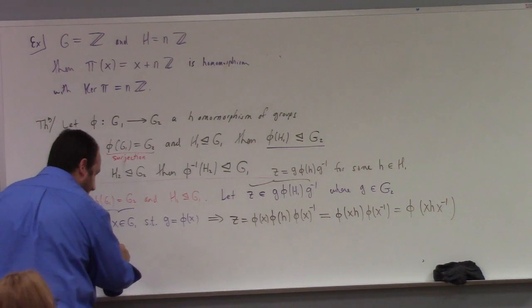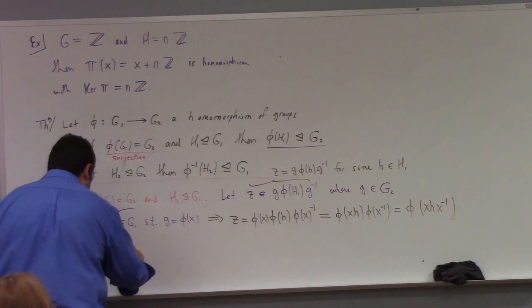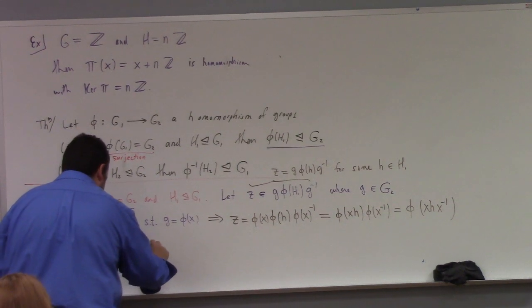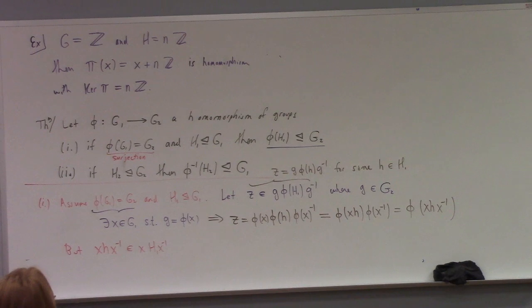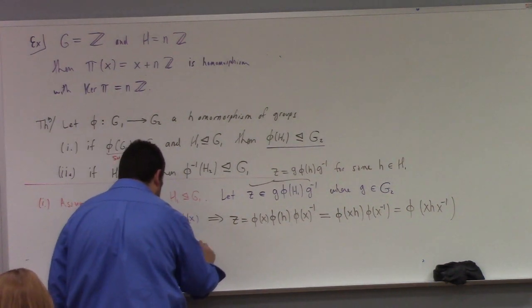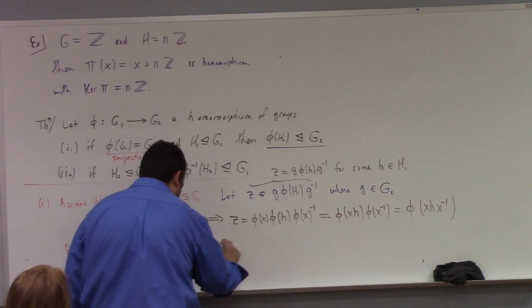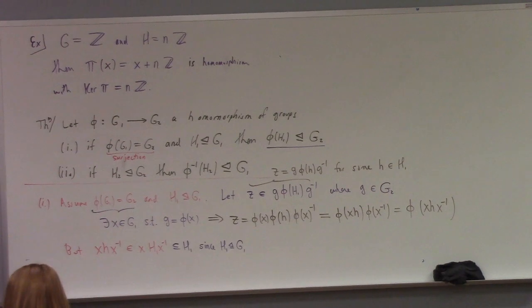You notice that x h x inverse is an element of x h1 x inverse, right? And by the normality of h1, what do we get? That's a subset of what? This is a subset of h1, since h1 is a normal subgroup of g1, right?